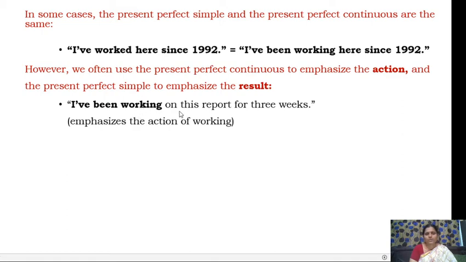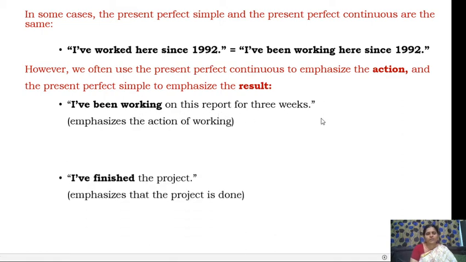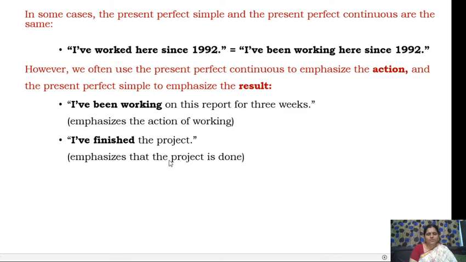I have finished this project. That means we are emphasizing that the project is done. So when you are emphasizing the result, we use present perfect tense. When you are emphasizing the action, we use present perfect continuous tense.